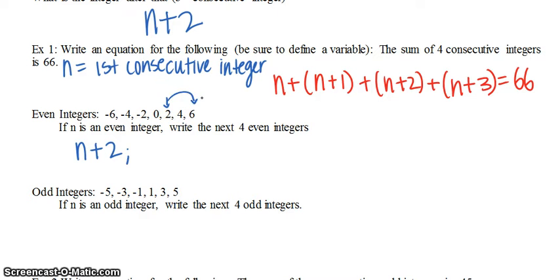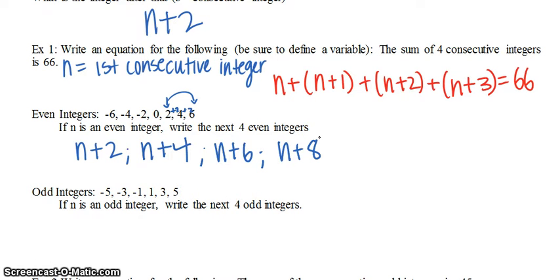We'd have to add 4, because again, if you think about it, you're adding 2 to this one, right? We already have that, but we have to add 2 again, so it's really n plus 2, which we know is n plus 4. And hopefully you realize the pattern for the next one will be n plus 6, and then we'll have n plus 8. So those are the next 4 even integers, consecutive even integers.